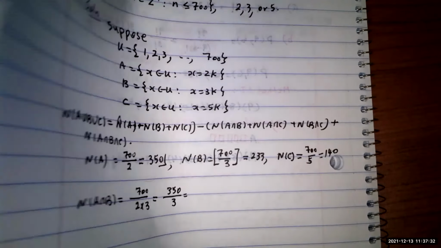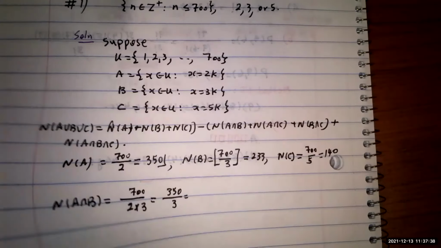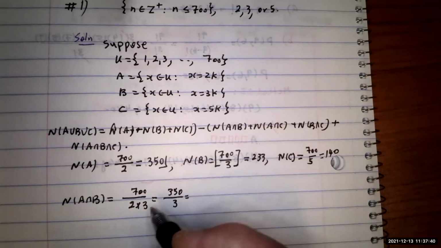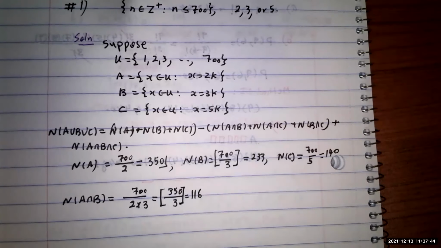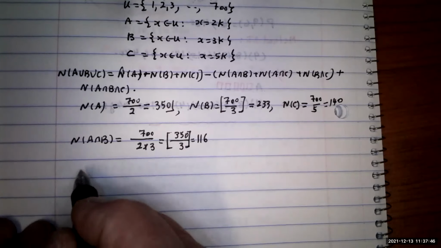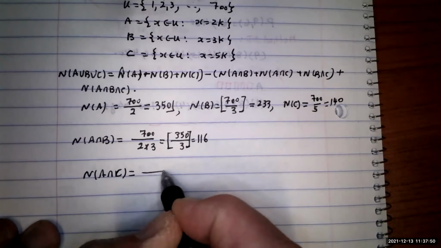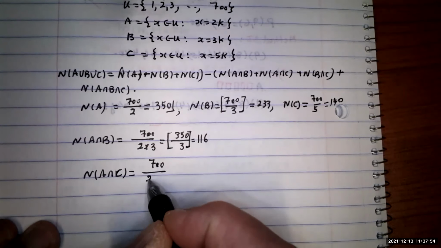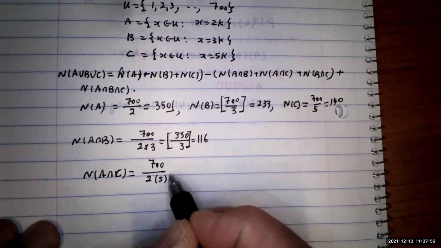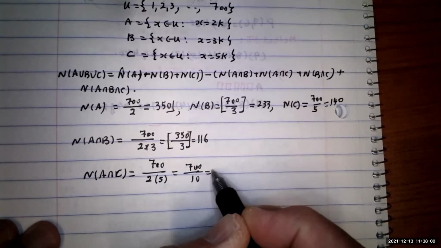So we have to use the bracket, and it's going to be 116. And we just keep going. N of A intersect C is going to be 700 divided by 2 times 5. That's easy. It is divisible, so it's going to be 70.